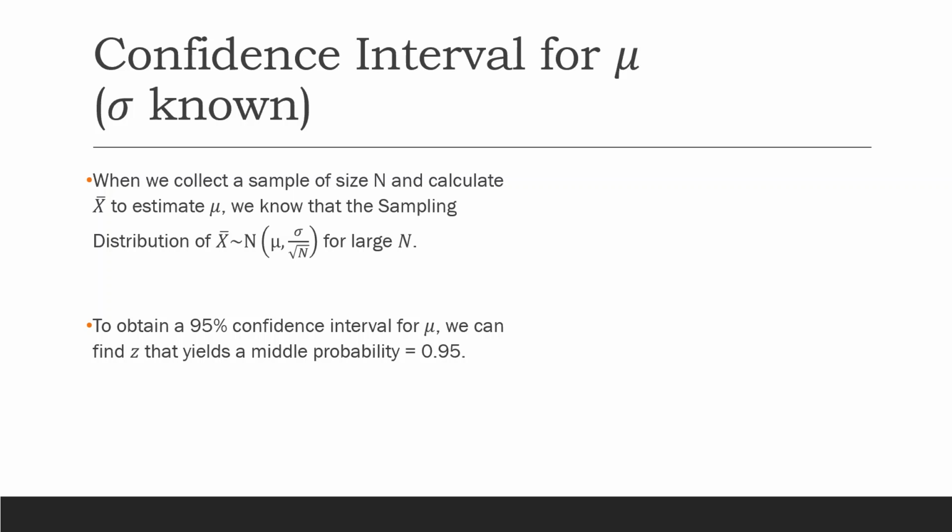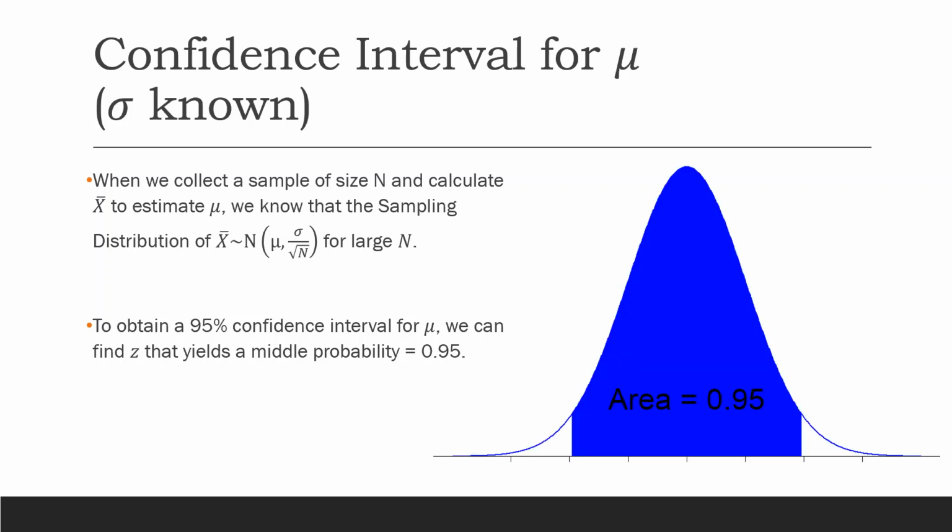So I'm going to go to my standard normal distribution and shade off the area under the curve in the middle of the distribution that constitutes 95% of the area. What I want to do here is find the z that creates this. So I want to find this value z here, which is going to be a negative value, and this value z here. Well, we've done this before, right?